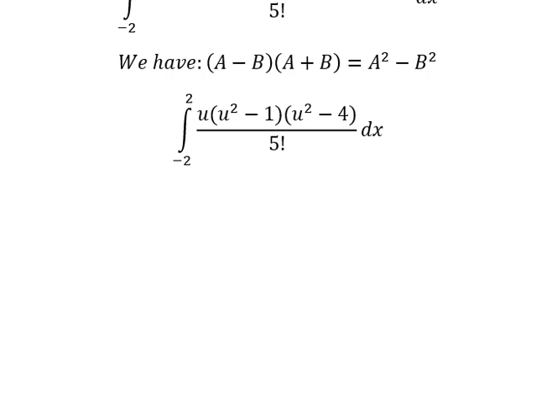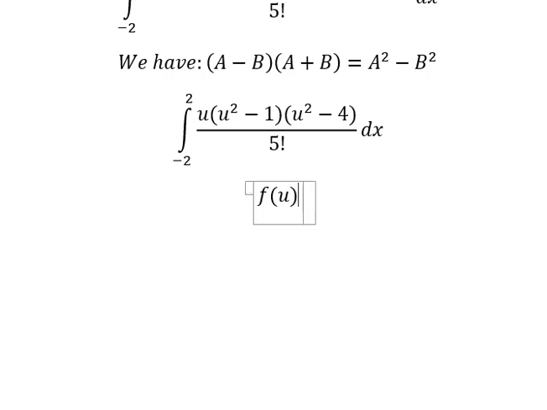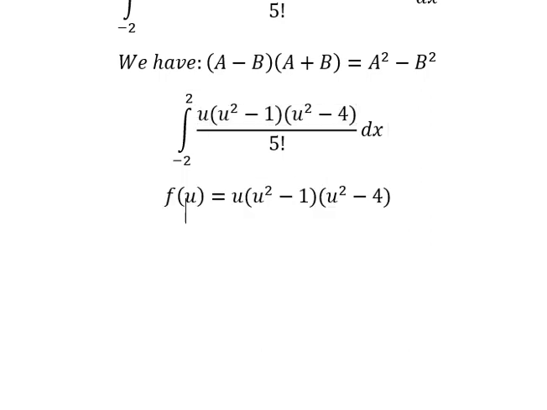Next, we need to consider this function in here. Now, if I put f of negative u, we have like this.